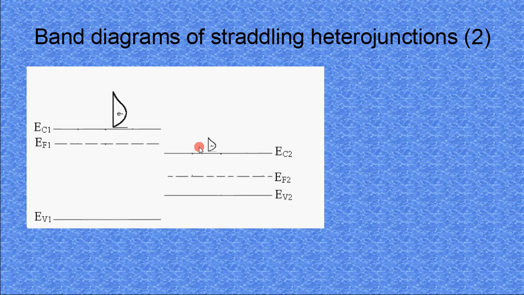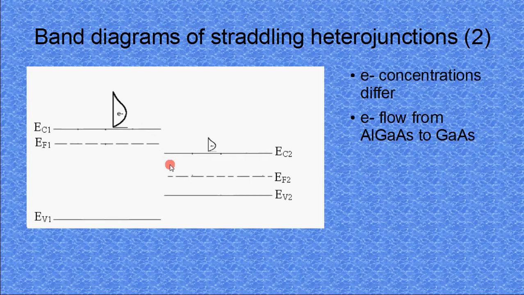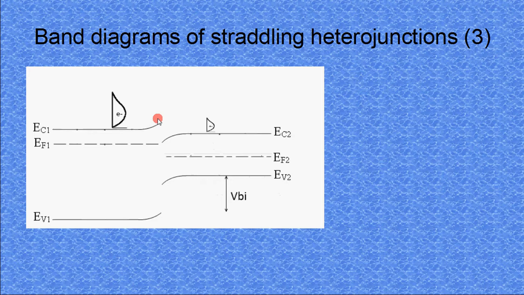So when electrons start flowing this way, this region is getting depleted, so this band bends up, and electrons are coming and accumulating here, so this band bends down. So we have band bending in the aluminum gallium arsenide layer, and again band bending in the gallium arsenide layer.